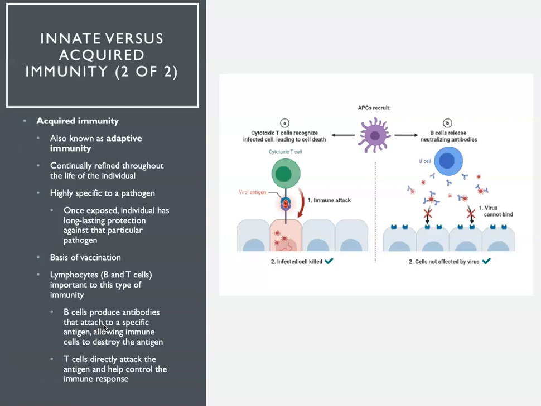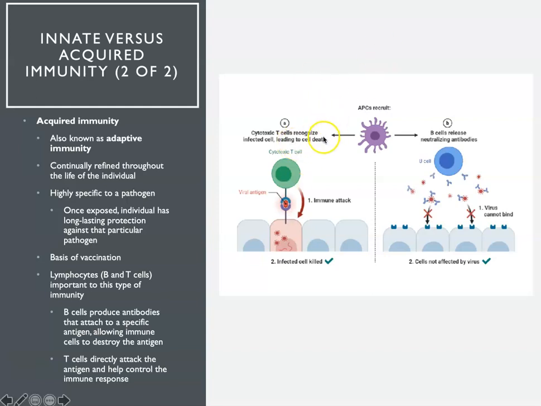T cells will directly attack that antigen. You can think of the T cells as almost having an antibody sitting on their cell surface. And so they'll be able to recognize that pathogen or recognize when a pathogen has infected a cell and then get rid of that cell that's been affected.